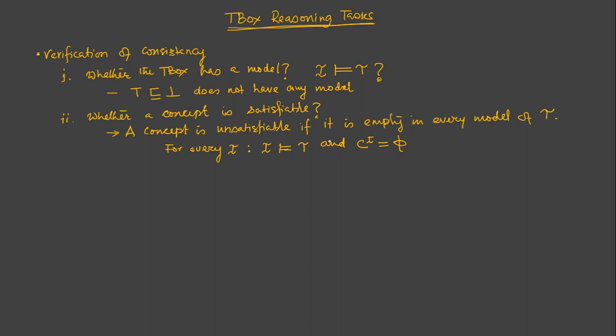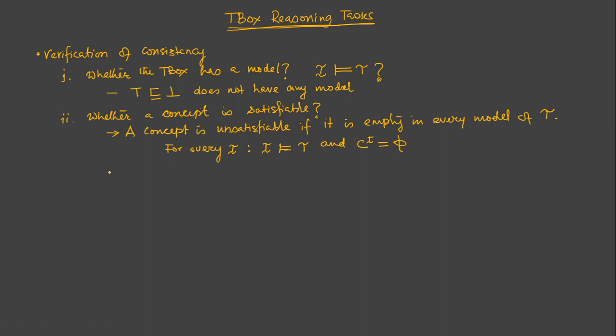If that is so, this concept C is unsatisfiable. The reverse: if there exists at least one model of T for which C is non-empty, then that concept is satisfiable.